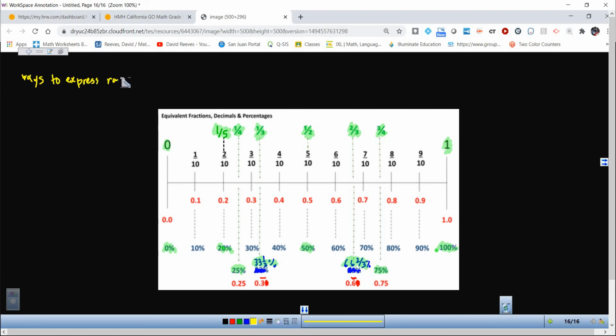These are ways to express rational numbers. We're going to have a fraction. Okay, we're going to have a decimal. And we're going to have a percent. And they're all going to be ratios.